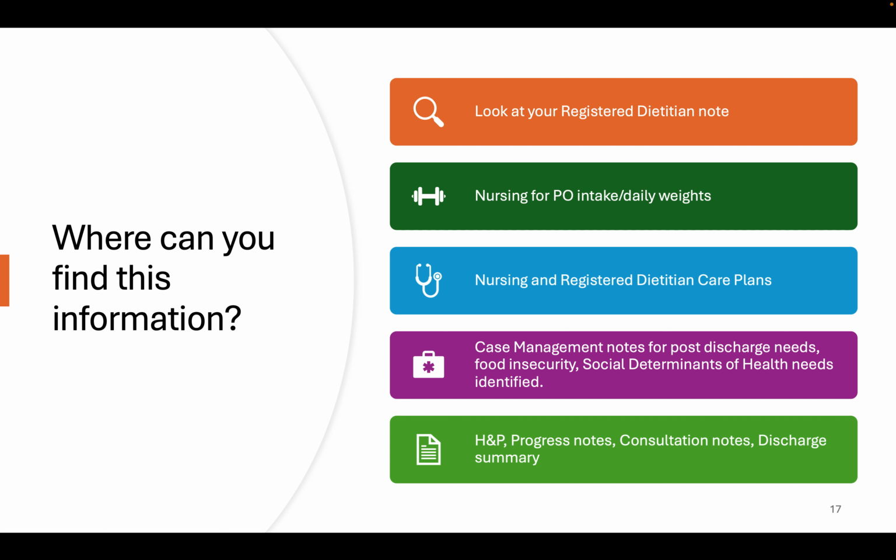There might be calorie counts. Nursing and registered dietitian care plans. Case management notes for post-discharge needs, food insecurity, and social determinants of health can all be found in our case management and social work notes. H&P, progress notes, consultation notes, and discharge summary is where the physician should document the malnutrition.